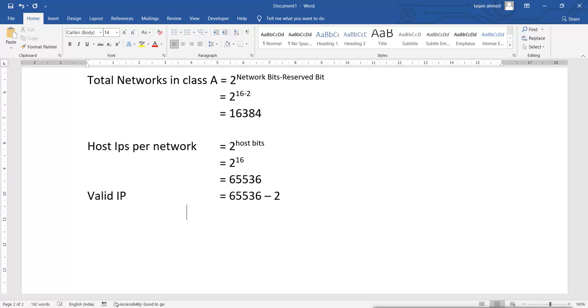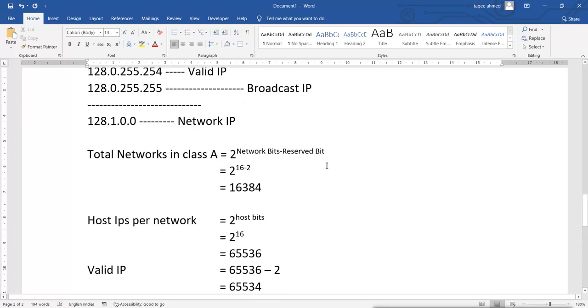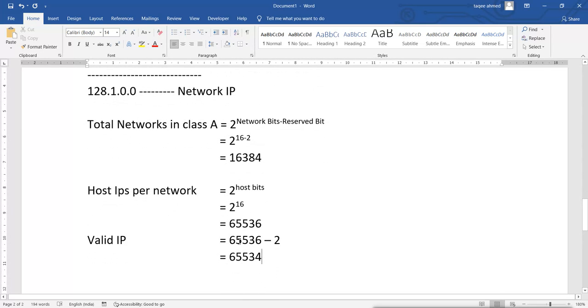When you do that you get 65,534, and that is the number of valid IPs in class B. So in class B one network gets only about 65,536 IPs, which is smaller than class A.